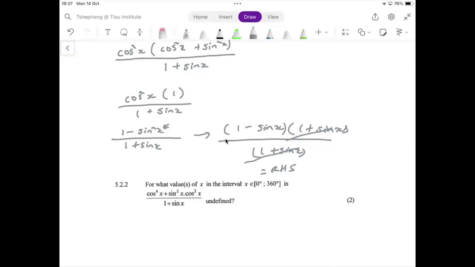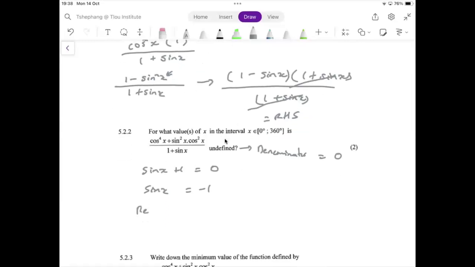Okay, so what is the denominator? It's 1 plus sine x. So we'll say that sine of x plus 1 is equal to 0. Then sine of x is equal to -1, because that's undefined. Denominator must be equal to 0 for undefined. Now, shift sign, your reference angle will be equal to 90 degrees.